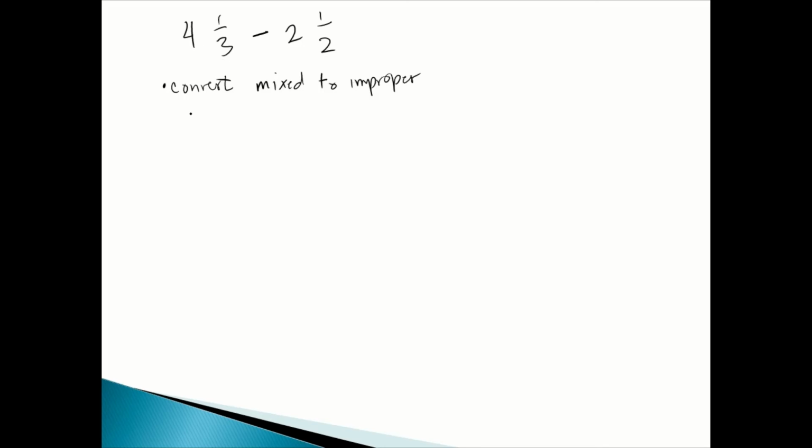This will become 13 over 3 minus, 2 times 2 is 4, plus 1, that's going to be 5 over 2. After that, we look for the LCD.